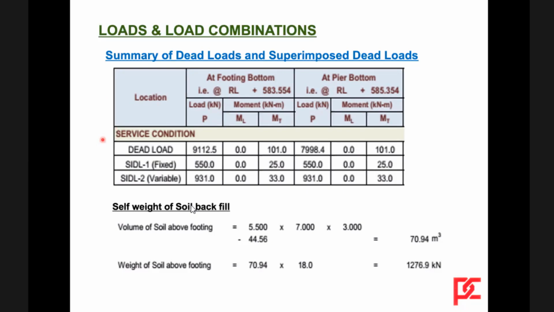In the service condition, the dead load at the foundation bottom and at the pier bottom is calculated. This is used for the pier design, and this is used for the foundation design. Then the self weight of the soil backfill is calculated, the volume of soil above the footing, and the weight of the soil using a density of 18.